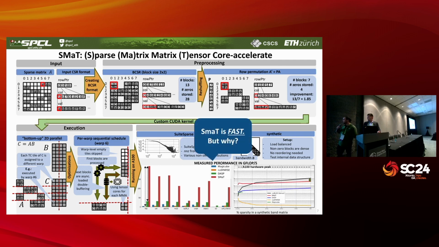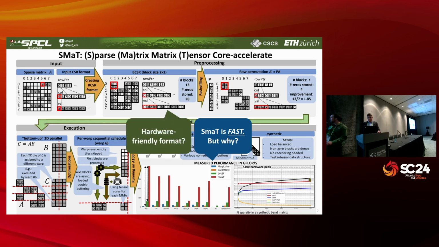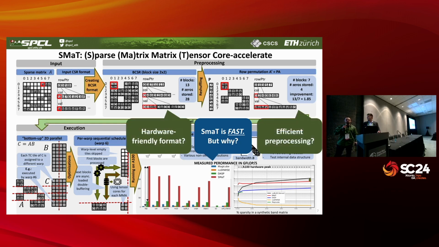Okay, so maybe SMaT is fast, but let's try to understand why. Let's try to break down this performance, because we introduce a lot of optimizations, but maybe some of them are actually redundant. So is SMaT that fast because of this hardware-friendly format? Or maybe this is because of this efficient pre-processing?